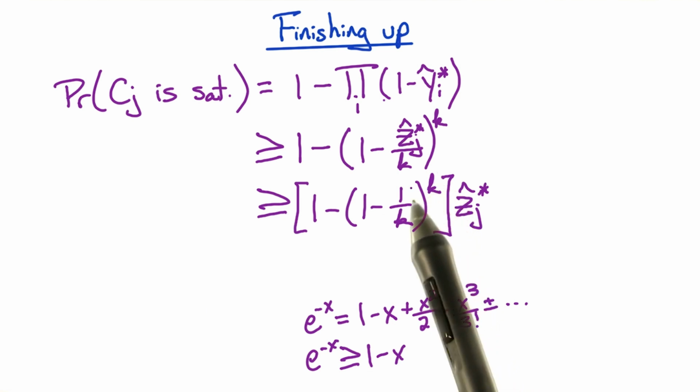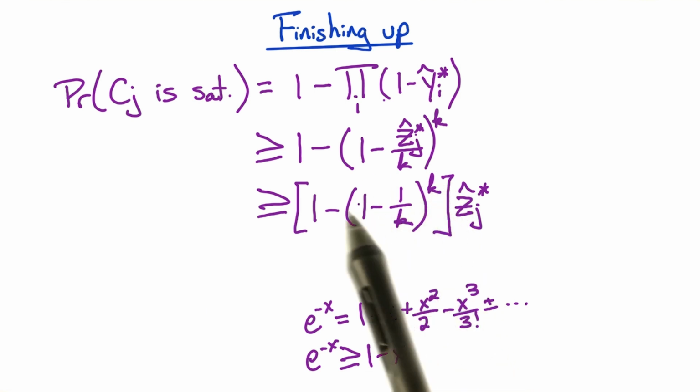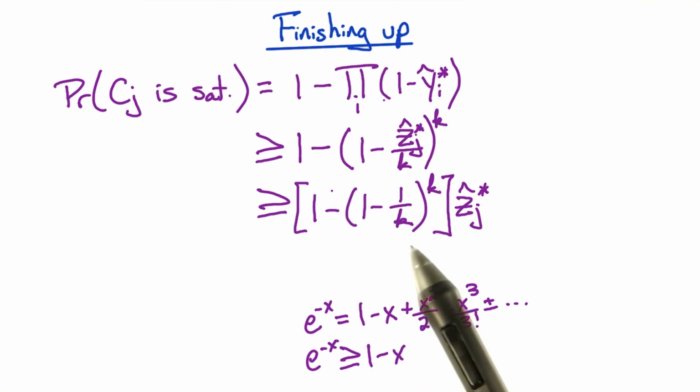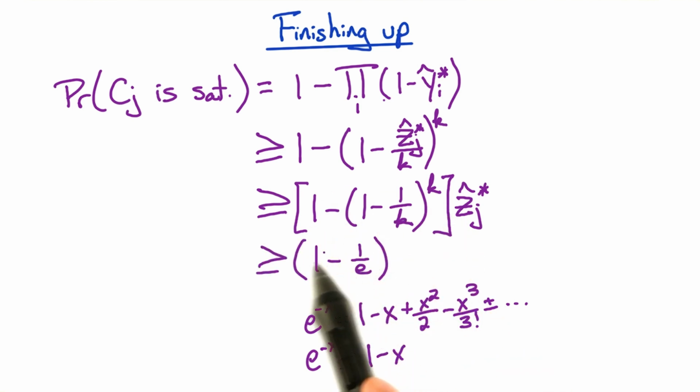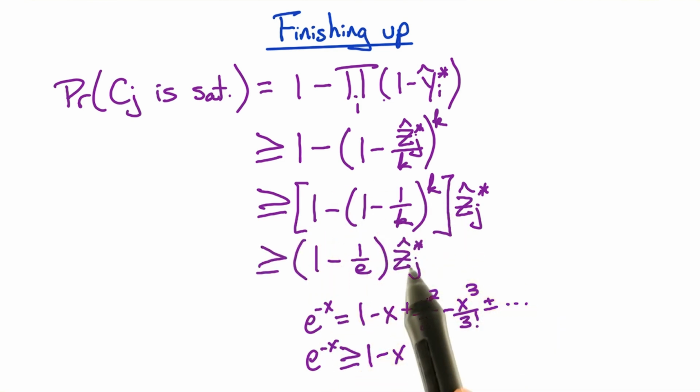Raised to the kth power, we have 1 over e. And then taking the complement, it's at least. So this quantity becomes 1 minus 1 over e times zj hat star. And that's what we wanted to prove. That was the lemma we claimed. And therefore, we have a 1 minus 1 over e approximation algorithm. That completes the analysis of this LP-based algorithm.